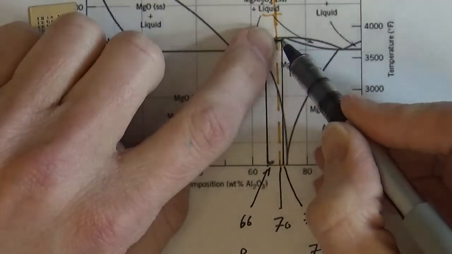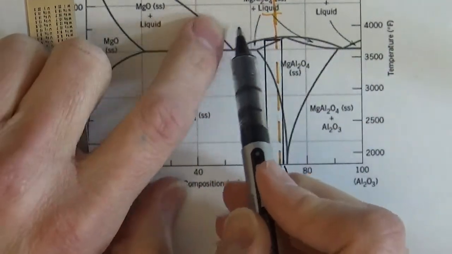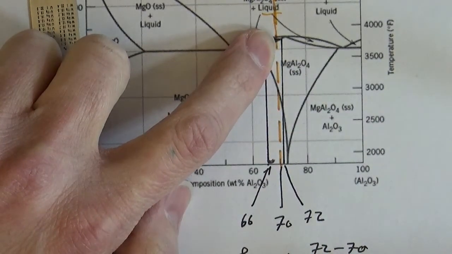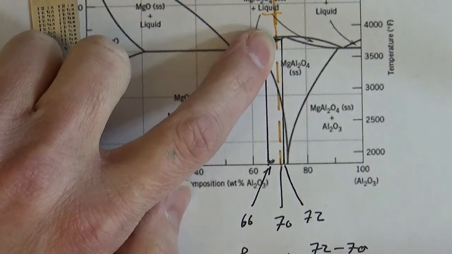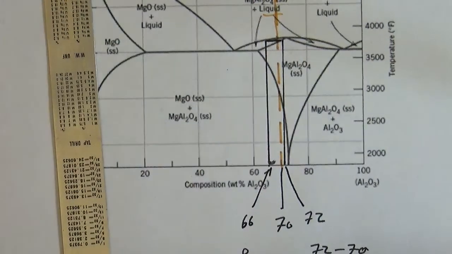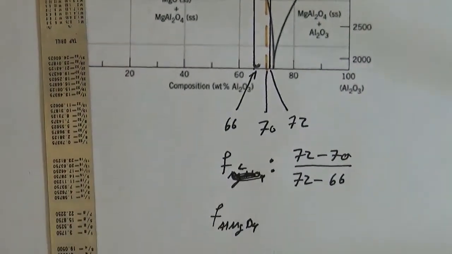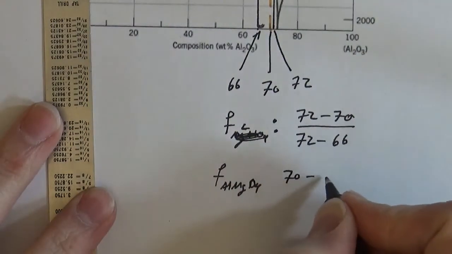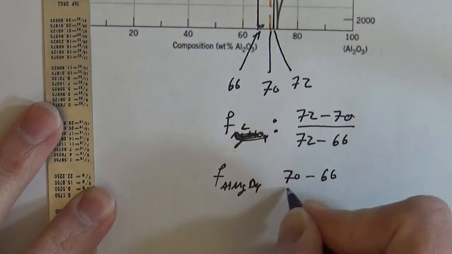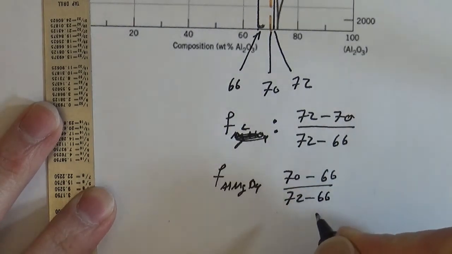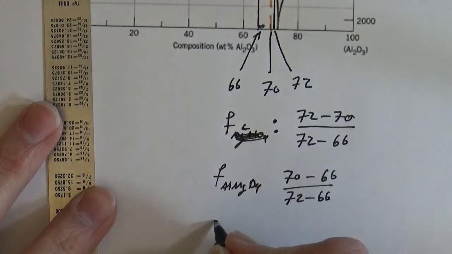Because the liquid is on this side, we have to take the small part of the lever arm for the liquid. And then the fraction of MgAl2O4 would be 70 minus 66 divided by 72 minus 66.